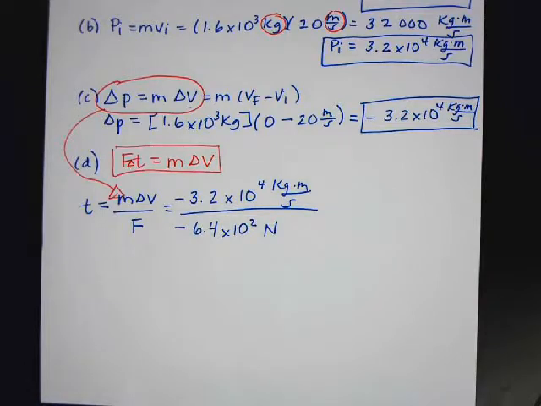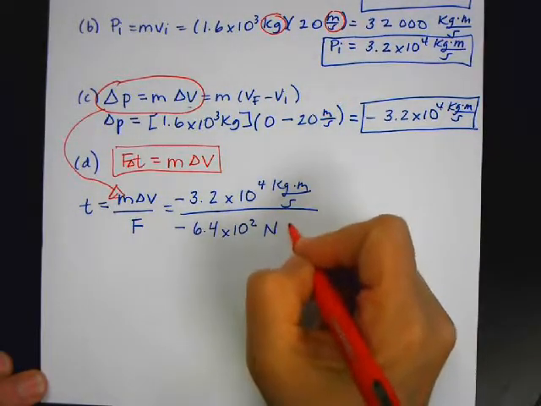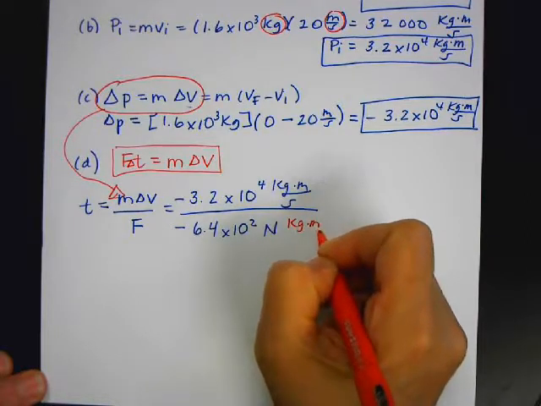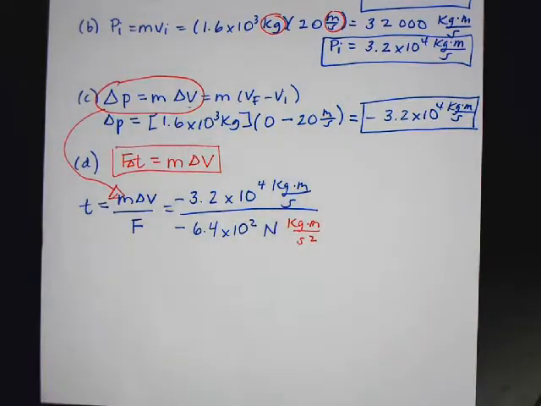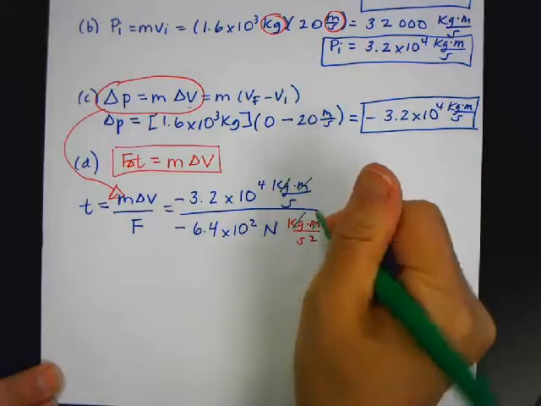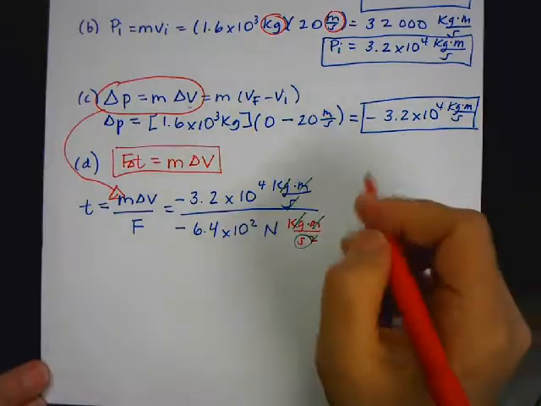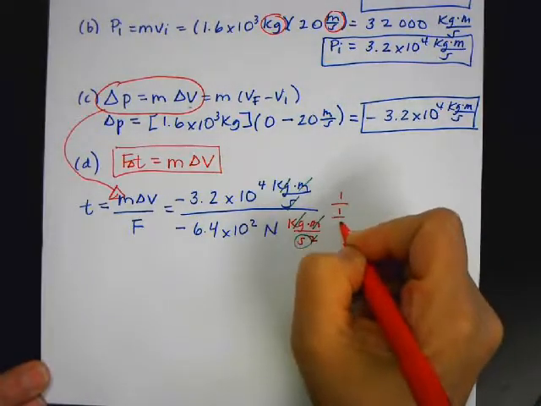Now before I multiply everything out, again I want to look at my units. So a Newton is a kilogram meter per second squared. So this kilogram cancels with that, this cancels with that, this cancels with one of those. So for my unit, I end up with 1 over a second.